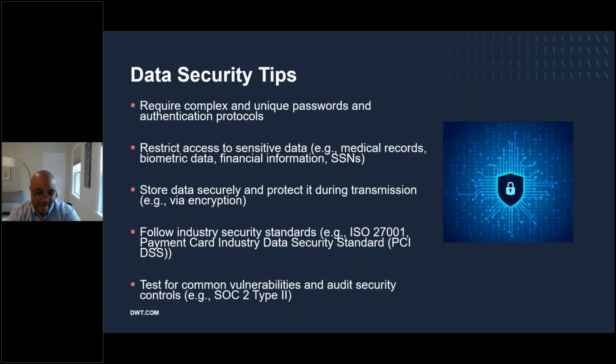PCI DSS is really about payment cards or credit cards, but ISO 27001 is a common industry standard for cybersecurity, and there are others that you may want to look for. And then lastly, making sure that you're testing for common vulnerabilities and you're auditing your security controls, just to make sure that you're doing what you say you're doing, and if there are issues, that you're able to identify them and remediate them as quickly as you can.